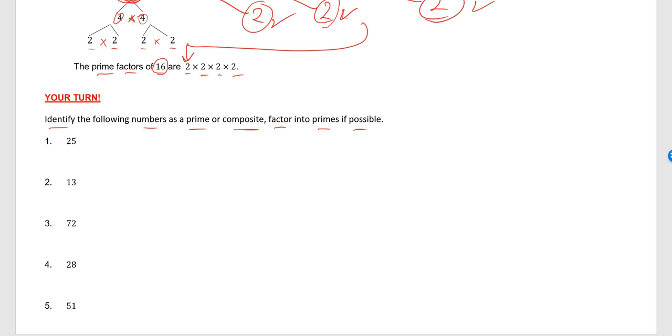Again, we did this earlier in the example. So 25 breaks to 5 and 5. 5 and 5 are prime numbers. So the prime factors of 25 are 5 times 5.